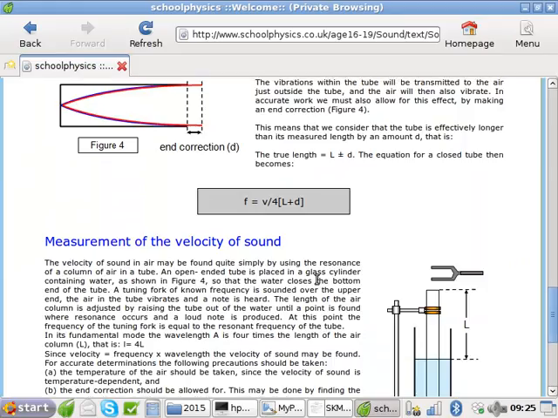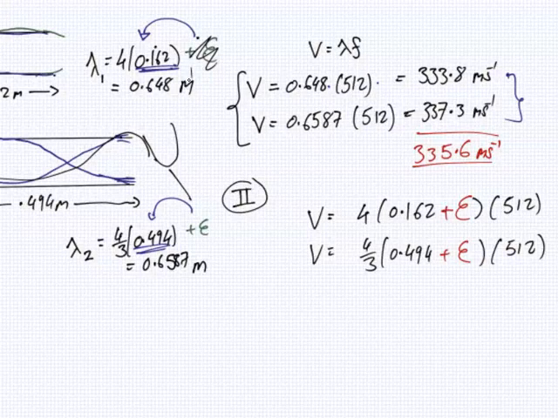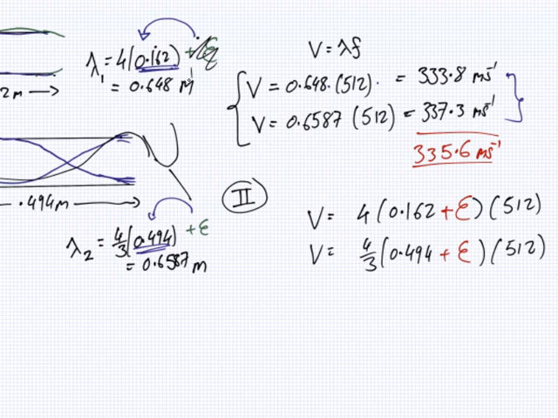The error, which they call D, you add to the length of the pipe. So, yes, my heart was right. I should add it to the length of the pipe.